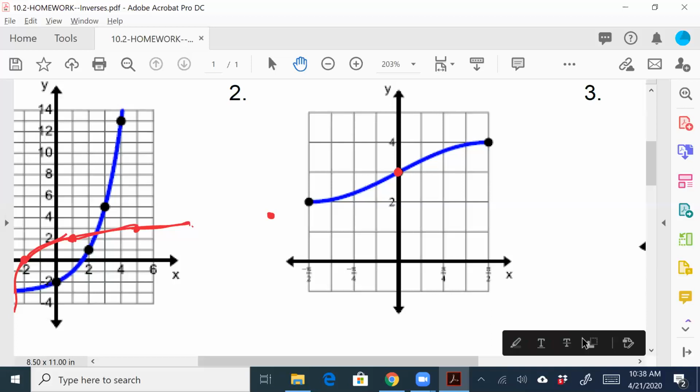Now x tells whether it's going right or left. Does this point here, the red point there in the middle, go left?